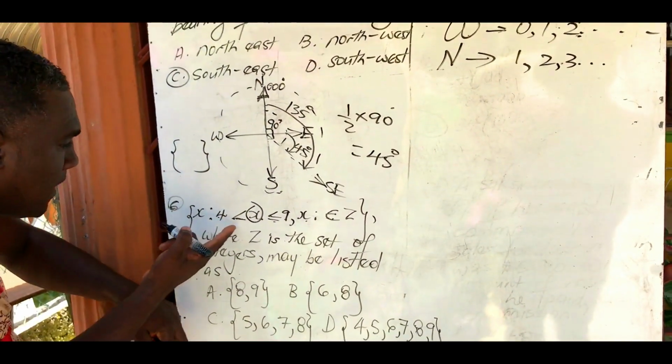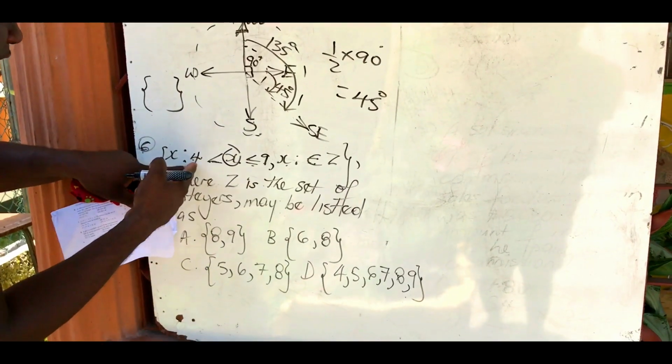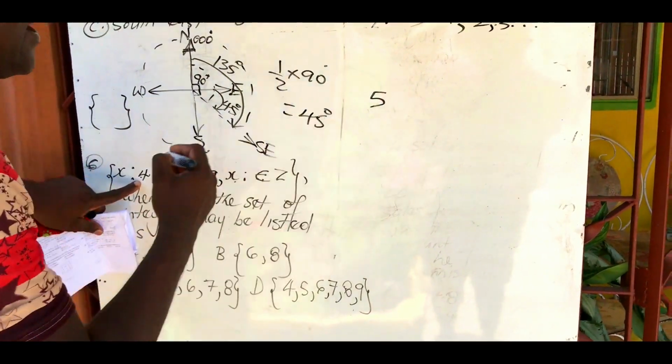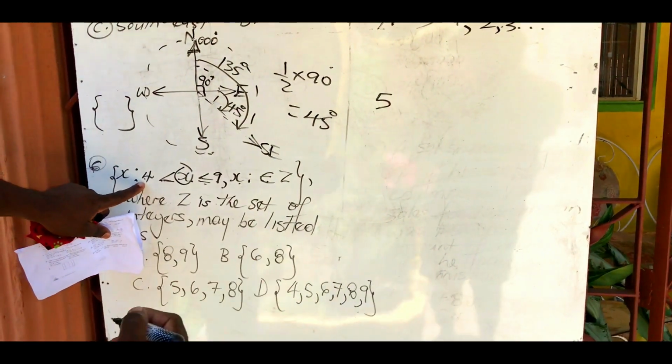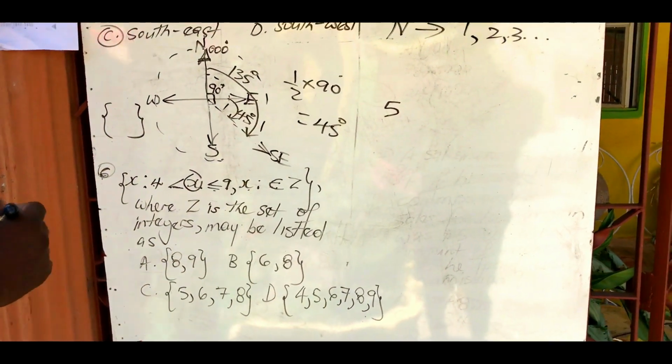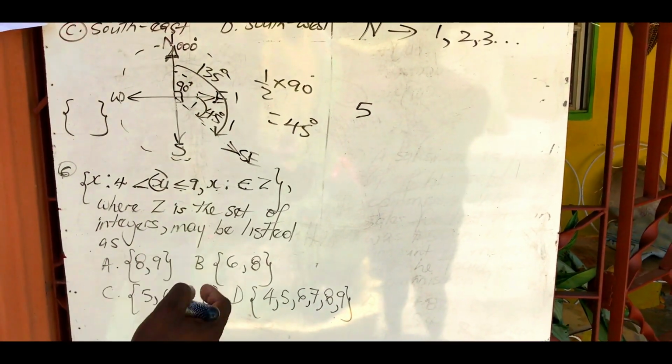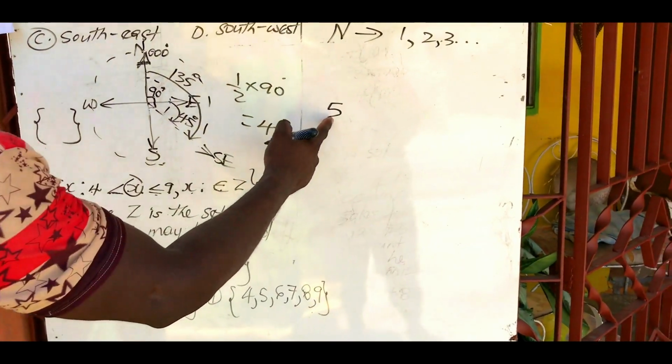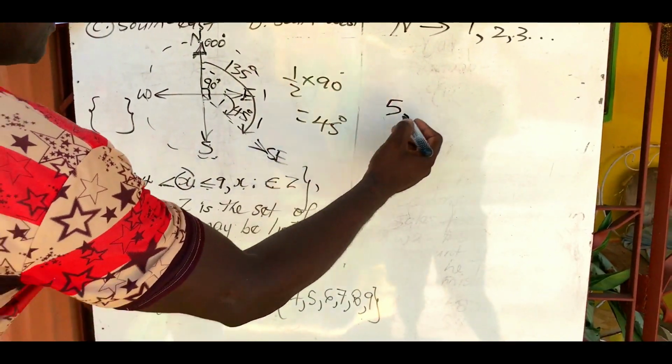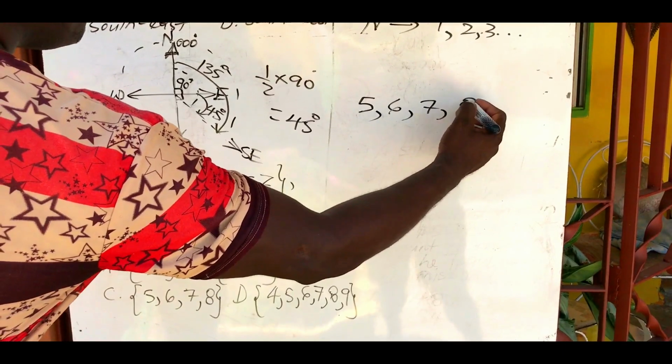So, an integer greater than 4 would actually begin from 5, because we cannot have any fraction. So we can't have 4.5, 4.1, etc. It has to be a whole number. So it goes from 5, then 6, then 7, then 8.